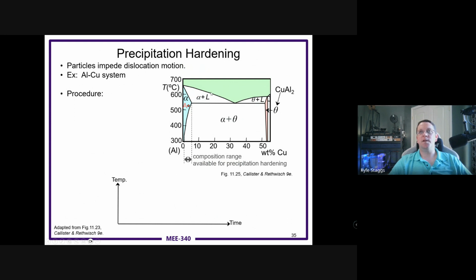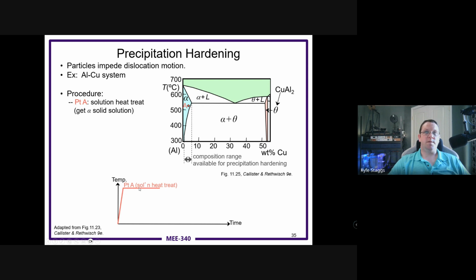So alpha and liquid up here, and you have alpha and theta down here. So above this certain temperature, part of it is only one phase and only the other phase depending on the copper. So precipitation hardening is only possible in this narrow region. So what this looks like is at A, you're heat treating the solution.